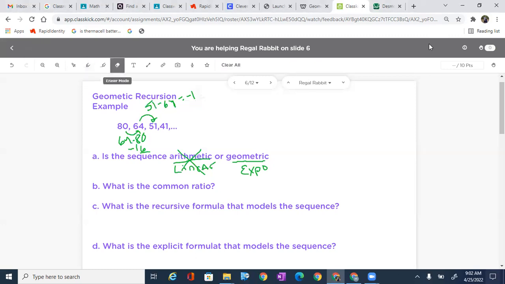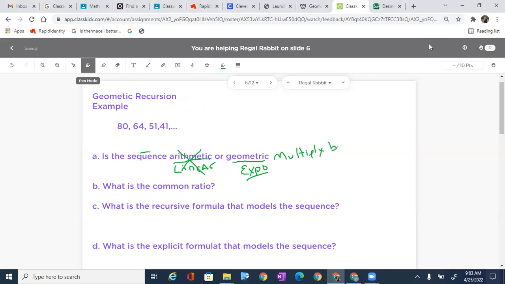So let's look deeper into why it is a geometric pattern. Remember, when we are doing a geometric pattern, we're looking for more of an exponential pattern, which means we're going to be multiplying by the same value. We are looking to multiply by a constant value.